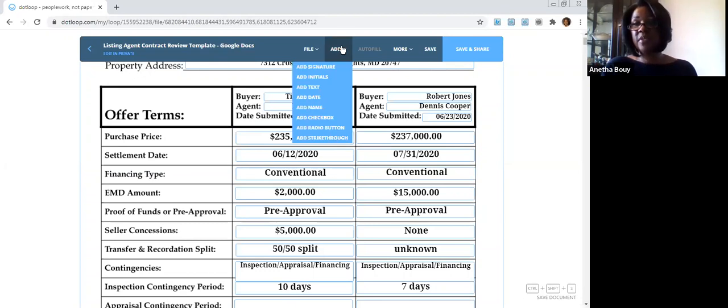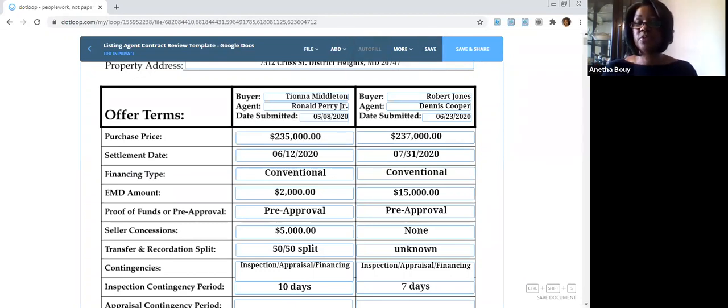So now we also are going to look at Robert Jones's offer. His offer amount is the 237. His submission date was 6/23, and he has a settlement date of 7/31. This is also a conventional loan. He has offered $15,000 towards his earnest money deposit.